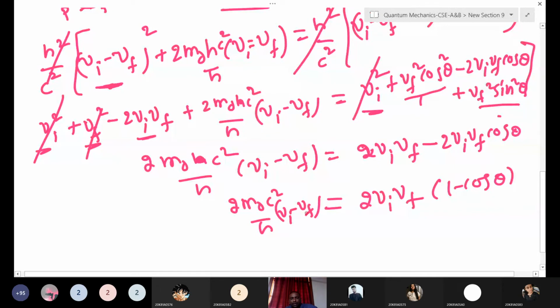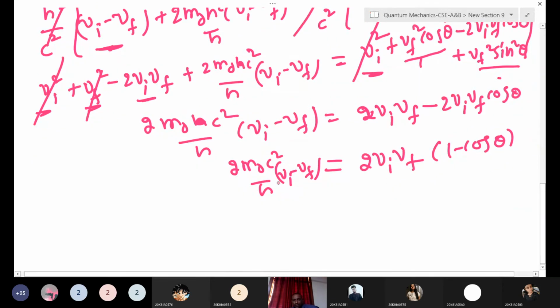Now I will send the remaining term to the right hand side. Here I will keep only nu I minus nu f, is equal to, here 2 cancels out, and what we will have here is h by m naught c square, h by m naught c square.